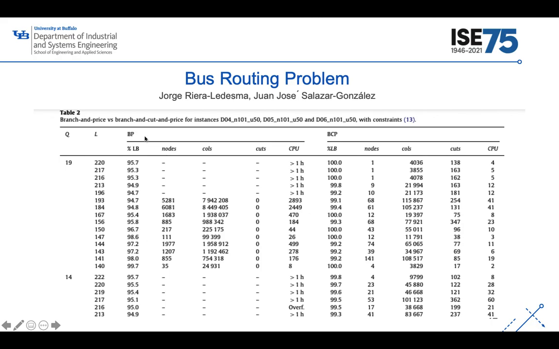This BP is a branch and price without a stabilized column generation. This branch cut and price method utilizes a stabilized column generation. If you compare the CPU or computing times, we see that it's a lot more efficient with the stabilized method.